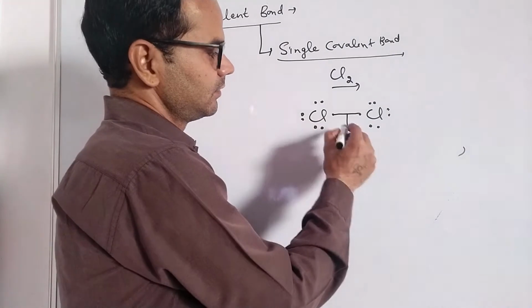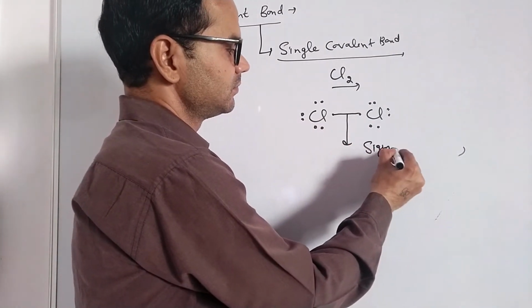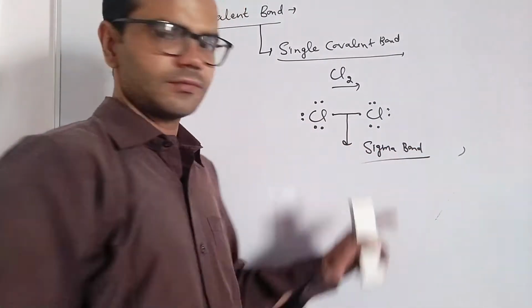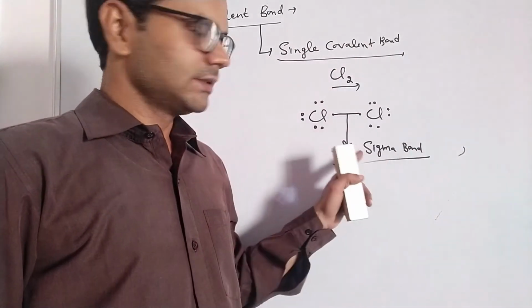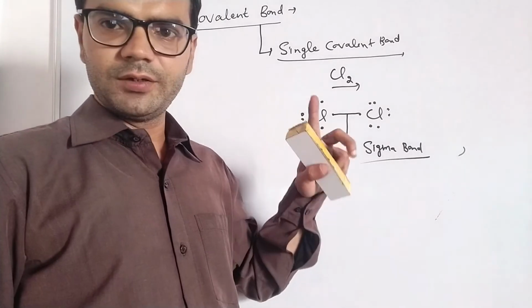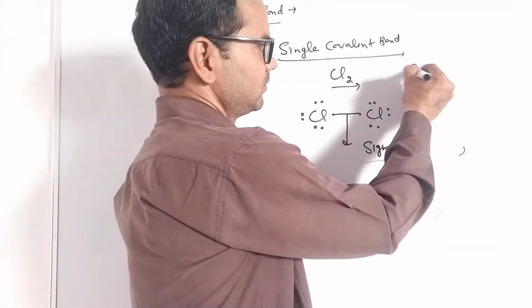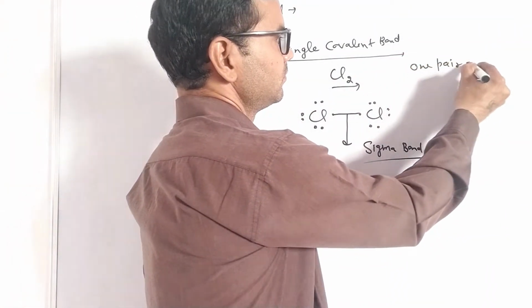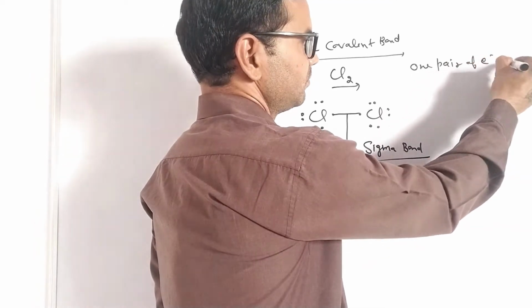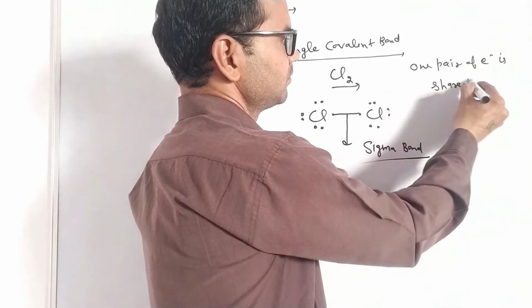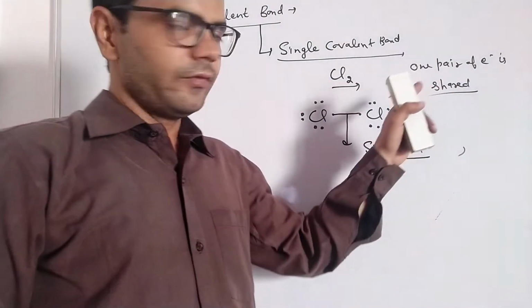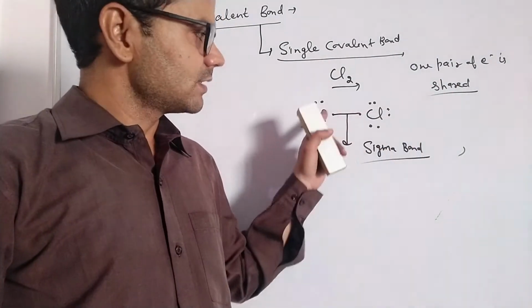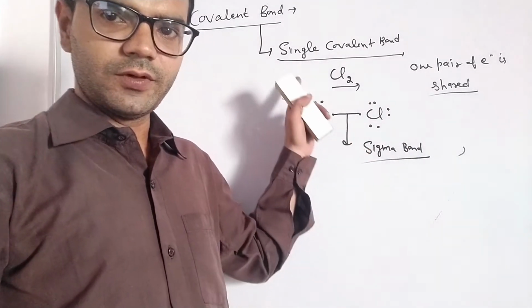This is always a sigma bond. A single covalent bond is always a sigma bond when one pair of electrons is shared.